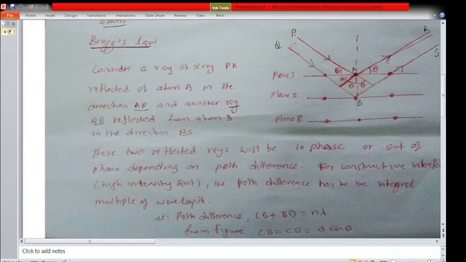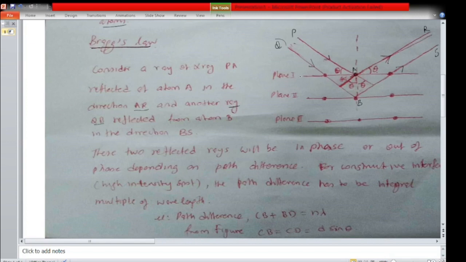One is from P to A and reflected in the direction A to R. PA is the incident X-ray, and AR is the direction of the reflected X-ray. The other X-ray has the direction from Q to B and is reflected from B in the direction BS. Okay, so let us consider it like this.